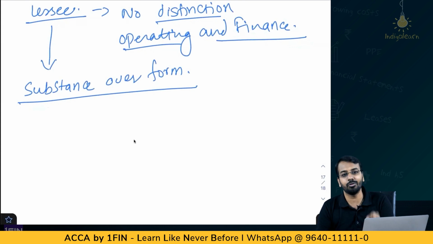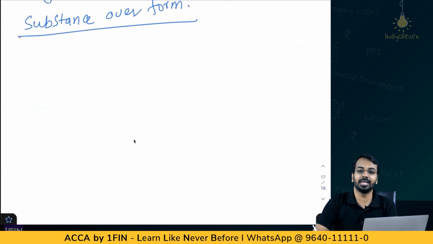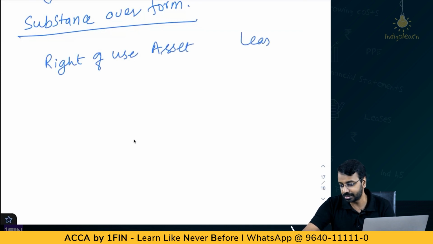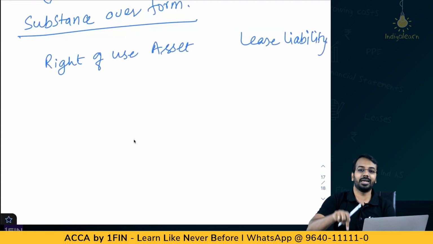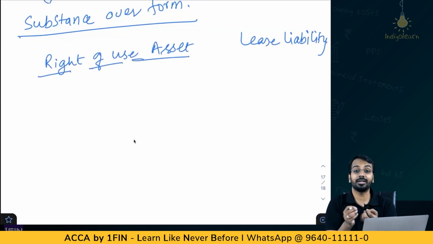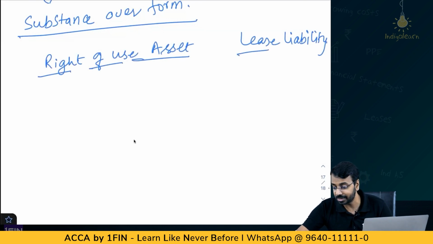So, when there is a lease and the lessee, the one who is using the asset, accounts for it as per IFRS 16, what the lessee does is the lessee creates or recognizes something called right of use asset and lease liability. So the recognition by the lessee includes creating a right of use asset.